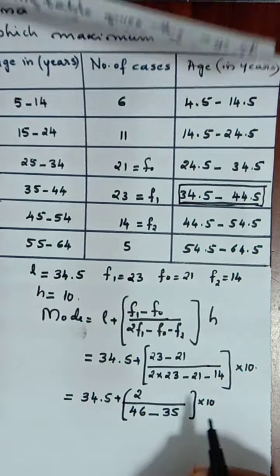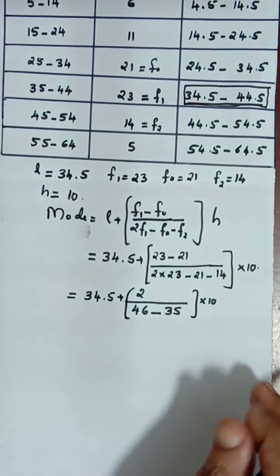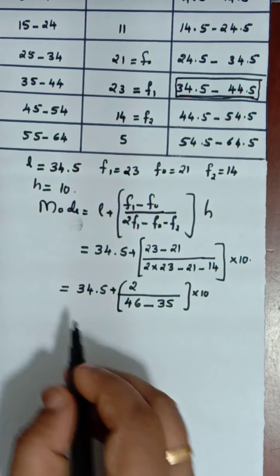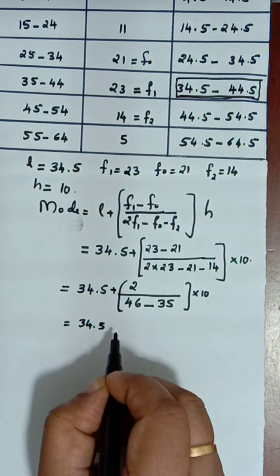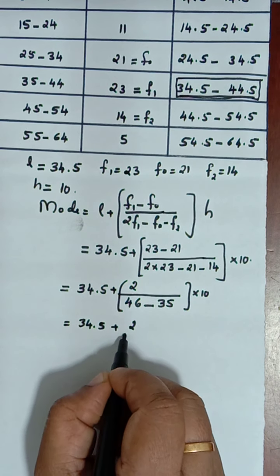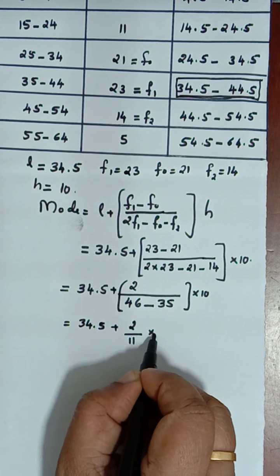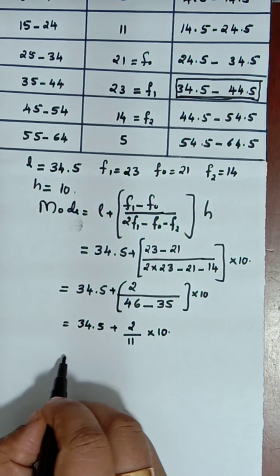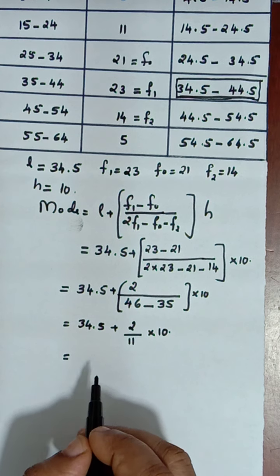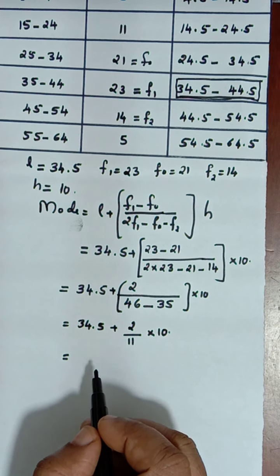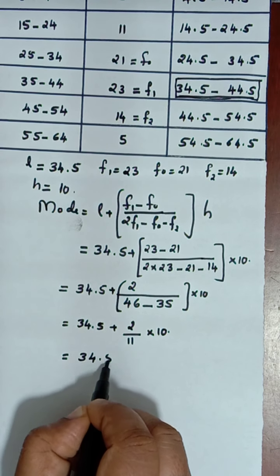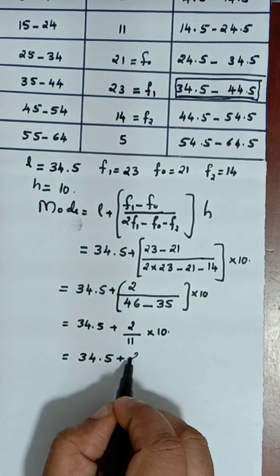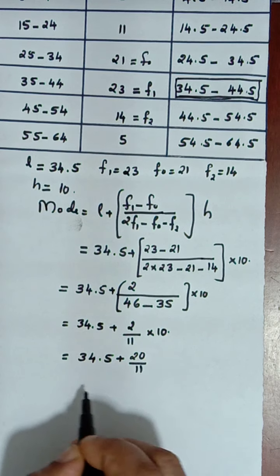So how do we get the values now? Simplify again. This is equal to 34.5 plus 2 divided by 11 into 10. So what is that equal to? Here we have 2 by 11 into 10, or 20 by 11.